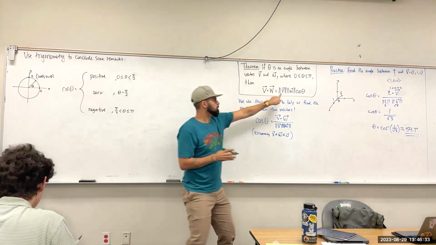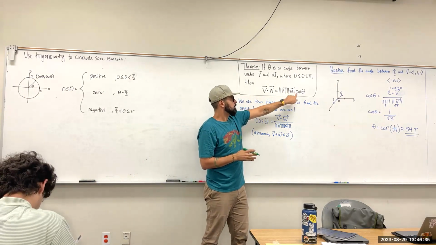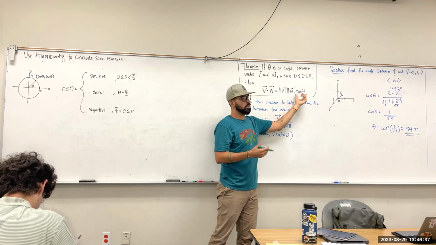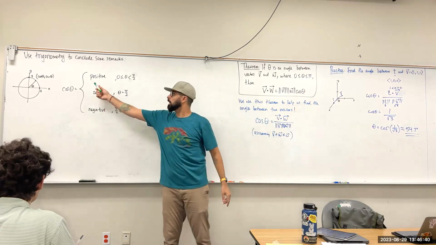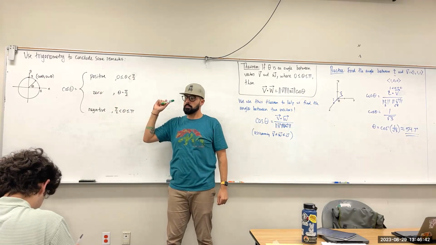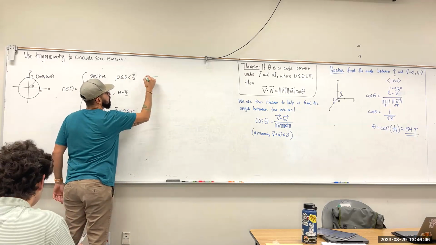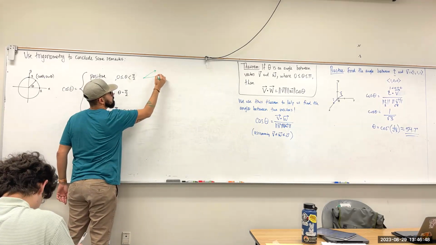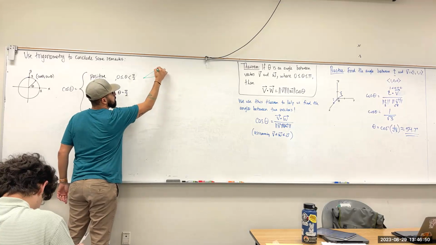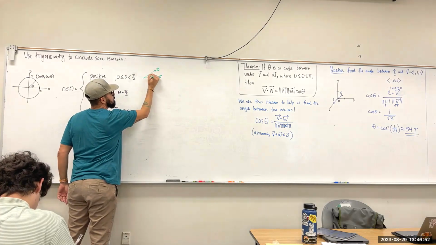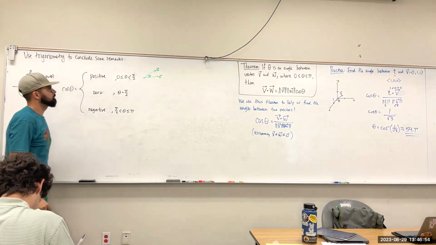Because this will always be positive and this will always be positive, so if my answer is positive, then cosine has to be positive. And that can only happen when the angle is less than 90 degrees. So in this situation, we know that the angle between the two vectors is going to be acute, less than 90 degrees.